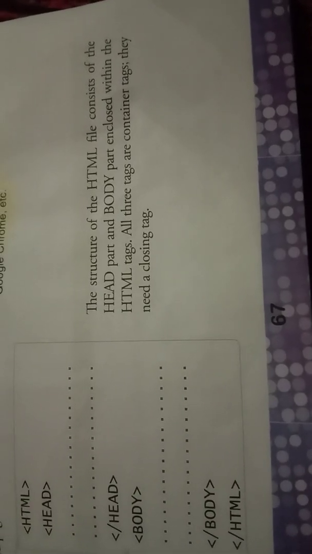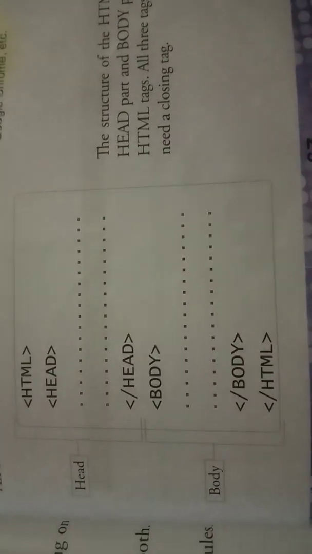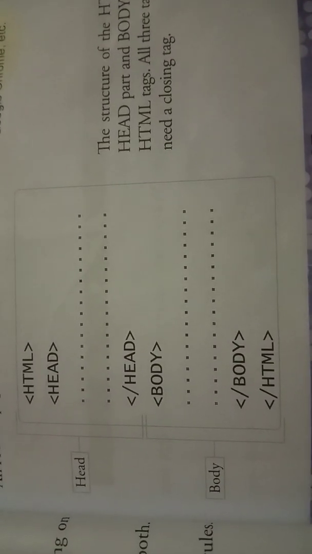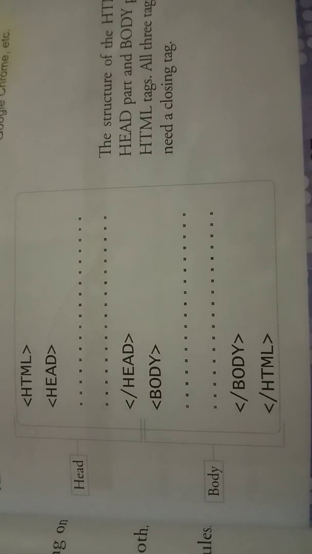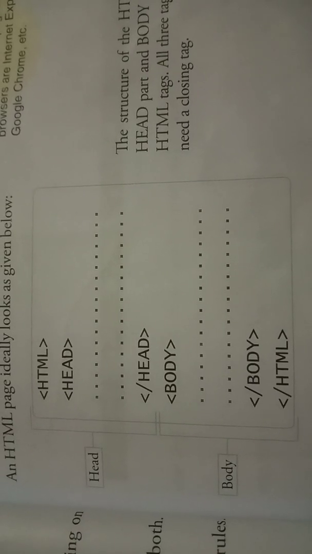All these tags are container tags. They need a closing tag. Only one tag is there which doesn't have a closing tag. That one is called the empty tag. We have two types of tags: container tag and empty tag.